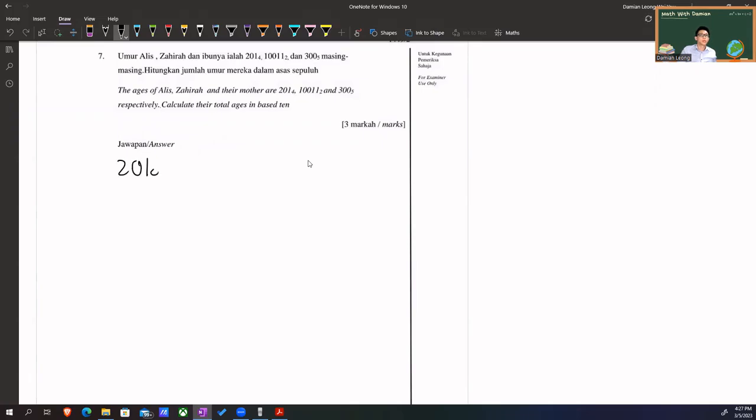So 1 by 1, 201 base 4, power 0, 1, 2, means 2 times 4 to the power 2 plus 1. Okay, 33 base 10. 10011 base 2 converted to base 10, power 0, 1, 2, 3, 4. So it's 2 to the power 4 plus 2 plus 1. Okay, so 16 plus 3, 19 base 10.